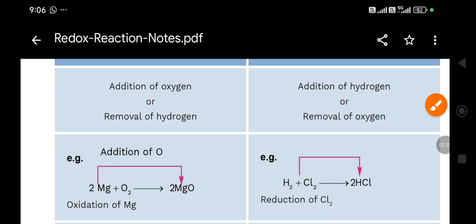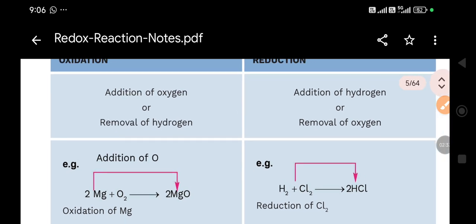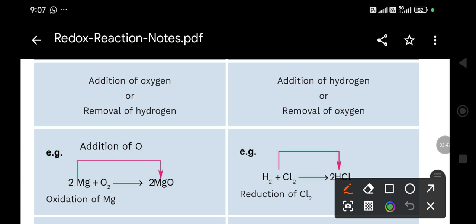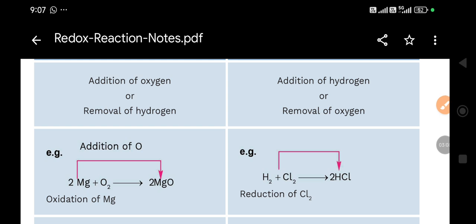Magnesium has gained oxygen, that is why this is considered an oxidation reaction. On the other side, in reduction, H2 is added to Cl2, or we can say hydrogen is added to Cl2. As we have studied earlier, addition of hydrogen is reduction. So here reduction is taking place.